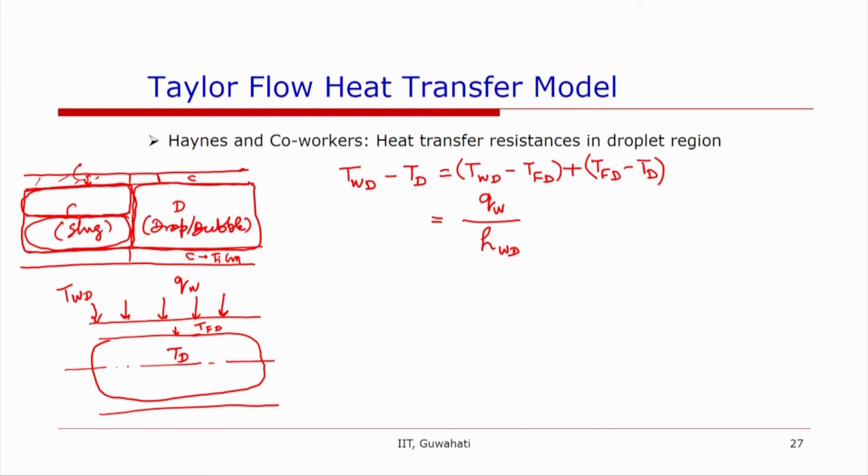We will neglect any difference. So, we are going to assume HWD is equal to HW slug regime. And that is when we write this equation, we also neglect the convective effects.